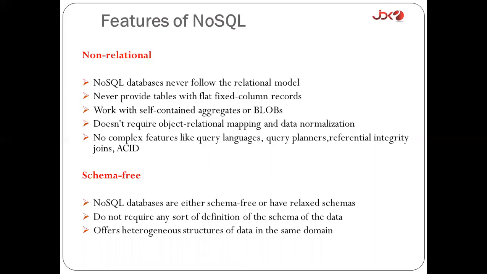So there is no need to use integrated joins. Schema-free is used to relax the schema, and doesn't require any sort of defined schema for the data. A heterogeneous structure of data in the same domain, on the same platform, with the same devices. You can use the heterogeneous structure.